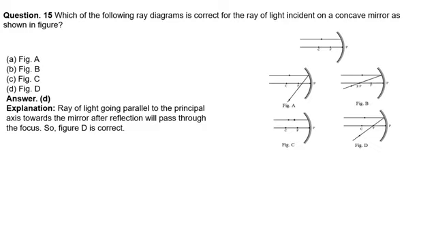If a line is parallel to the principal axis, this is my principal axis, and this is a ray parallel to the principal axis, after reflection it goes back through focus. So let's see in which case it is going back through focus. Yes, figure D is the right answer. A ray of light going parallel to the principal axis towards the mirror after reflection will pass through the focus. So figure D is the correct answer.